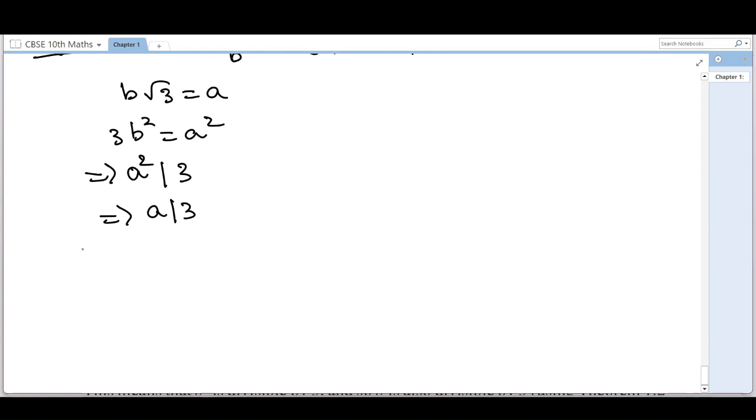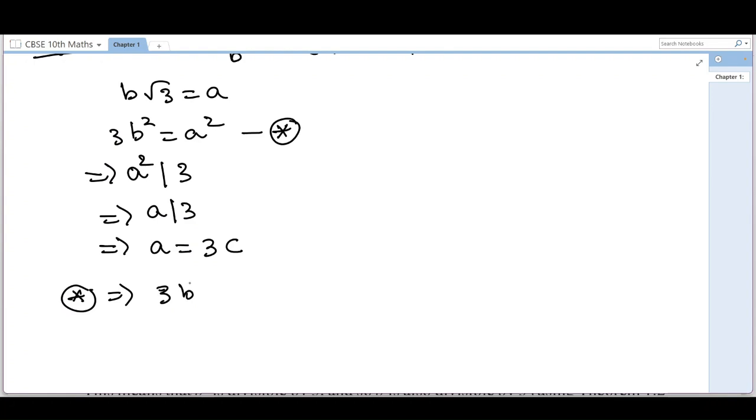So by Euclid's division algorithm, I can say a is equal to 3 into some value, say c. So by substituting this in the above equation, say star, we get 3b square equal to a square, that is 9c square. So b square is nothing but 3c square.